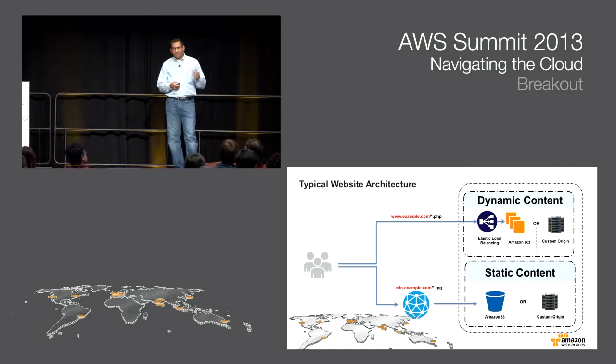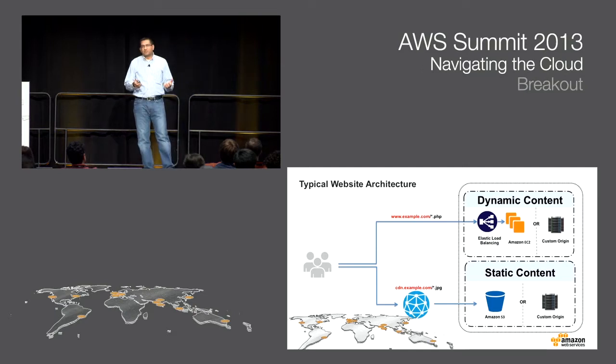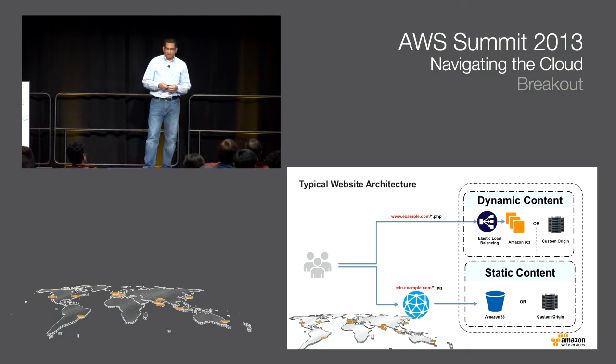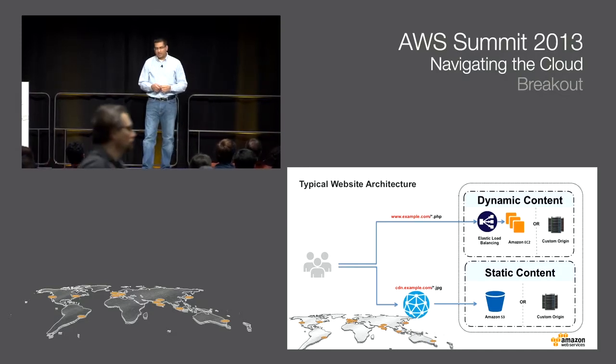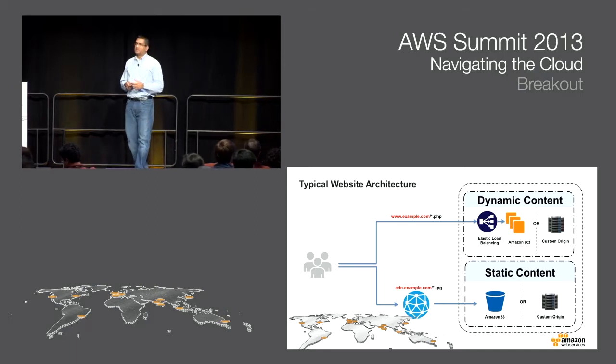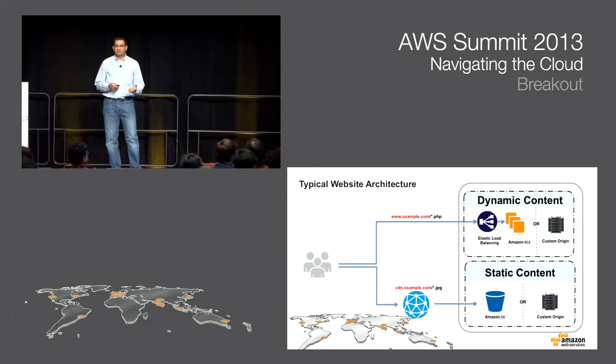And that request from the browser goes directly to the origin servers, which in this case could be an elastic load balancer with EC2 instances, or it could be a custom origin server running outside of AWS. And then the second request uses the cdn.example.com domain name and downloads the static files for this website.